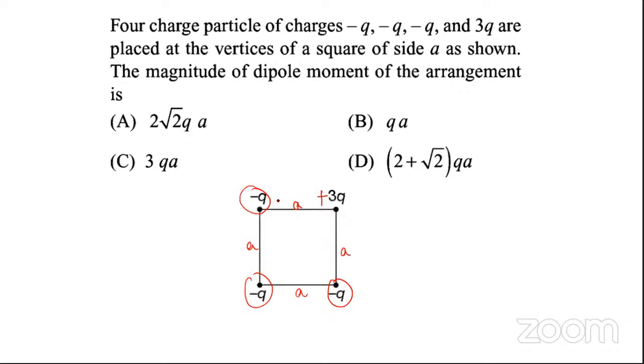see, a dipole moment is formed when two opposite charges of equal magnitude are taken together. So for each minus q, we have to take a separate plus q, and we have to form dipoles of all of them.